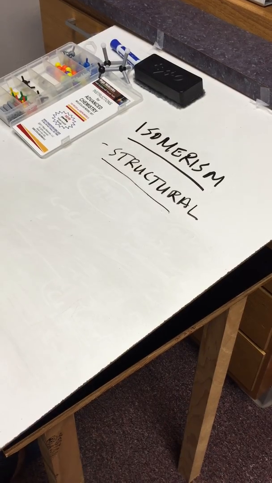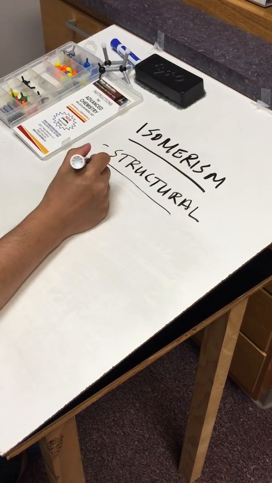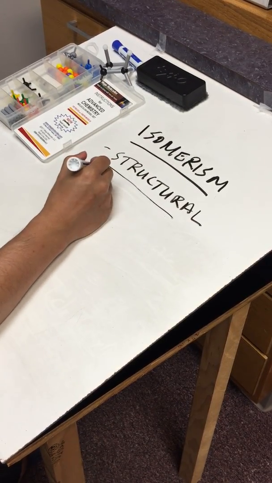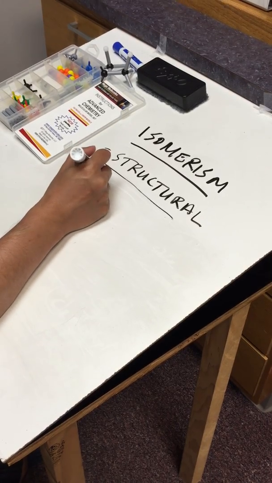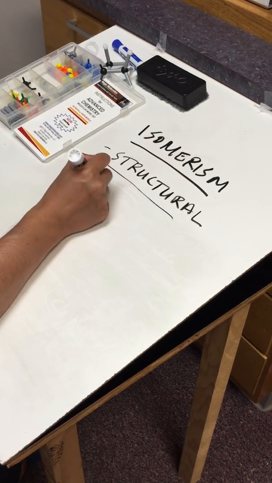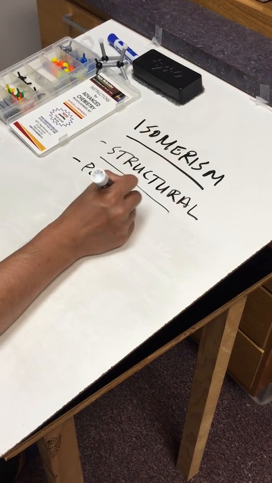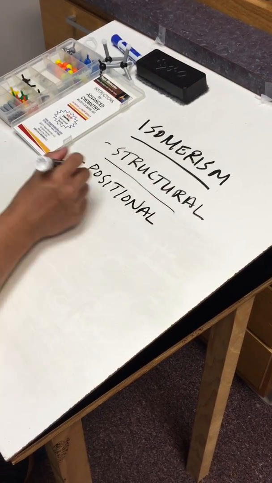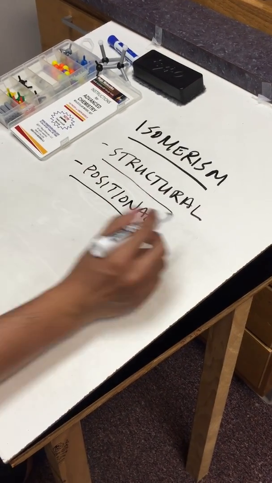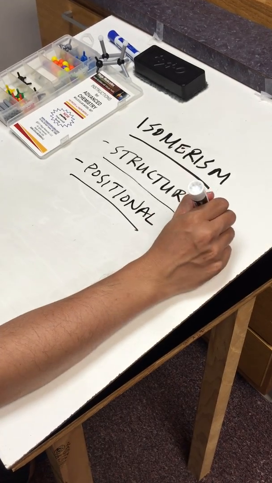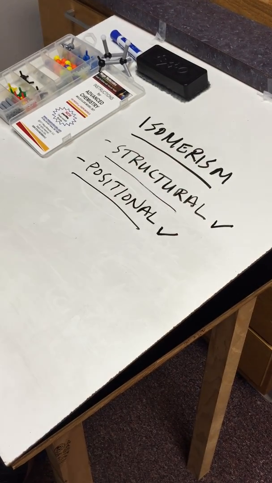Okay, this is structural isomers. What I'd like to do is quickly talk about, let me try to remember, positional isomers, I think. So you understand structural isomers. What about positional isomers?